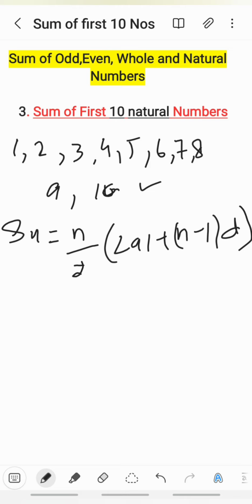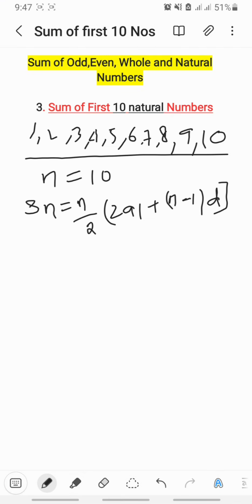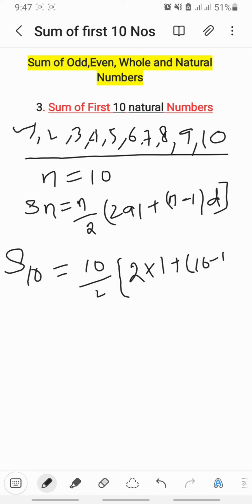Here we can see that n is equal to 10, and n means the total numbers from 1 to 10. By putting values, S10 is equal to 10 divided by 2 into 2 into a1, meaning the first number, plus n minus 1, that is 10 minus 1, into d, meaning the difference. The difference: 3 minus 2 is equal to 1, 4 minus 3 is equal to 1.